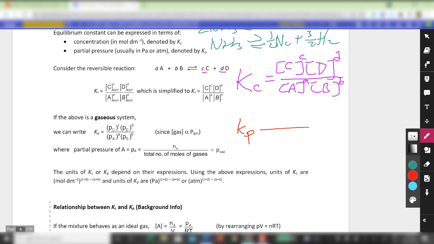In that case, we will have the partial pressure of C multiplied by the partial pressure of D, raised to their appropriate power, and then the partial pressure of A and partial pressure of B raised to their appropriate power. But you have to be aware that this only works for gaseous reactants and products. If the reactants and products are not gaseous, then there's no point in defining a Kp. So kindly be aware of that.